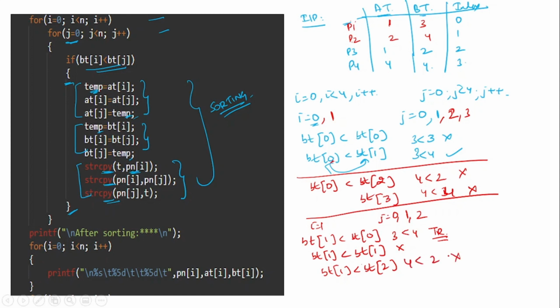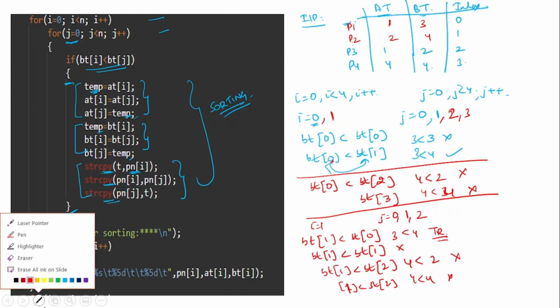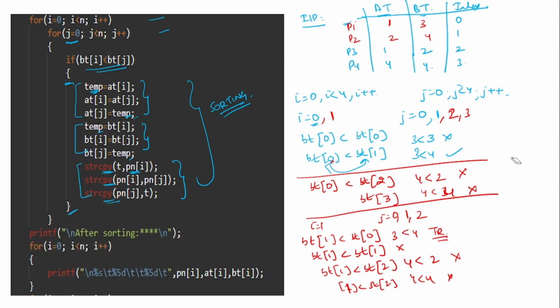So that is not the case. Again I check BT1 is less than BT3, so 4 is less than 4. This is also not the case. So now what will happen is i value would be incremented. Let me now again erase the value.